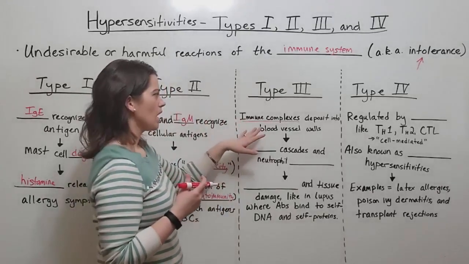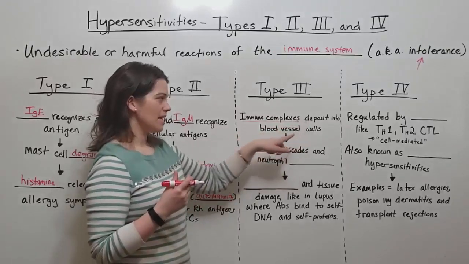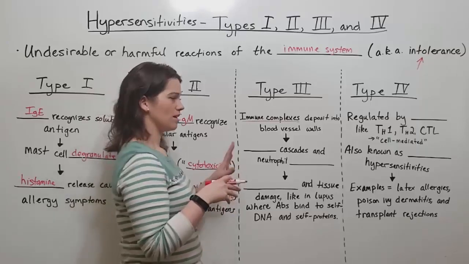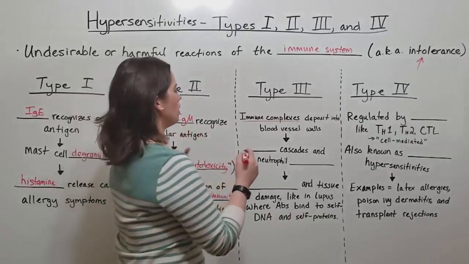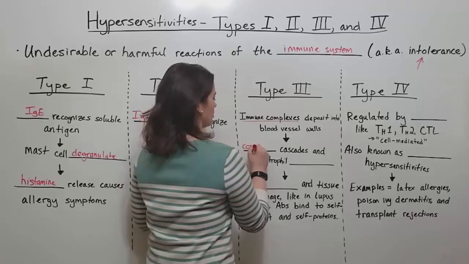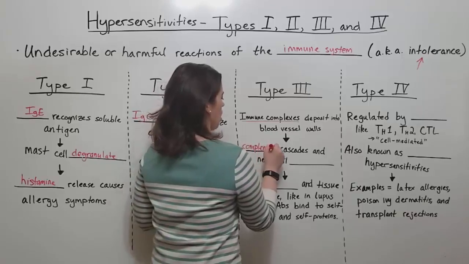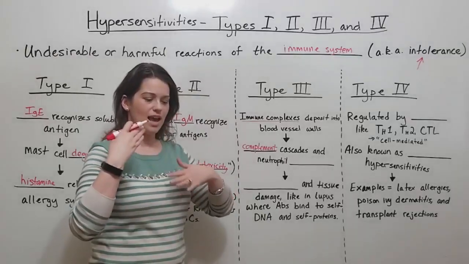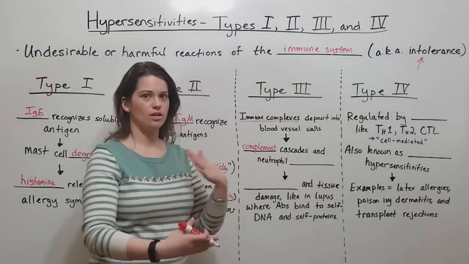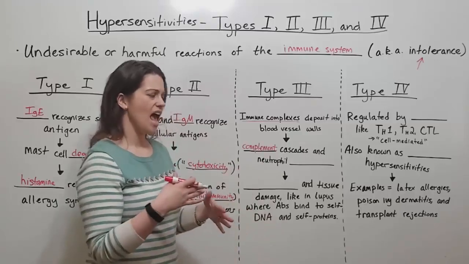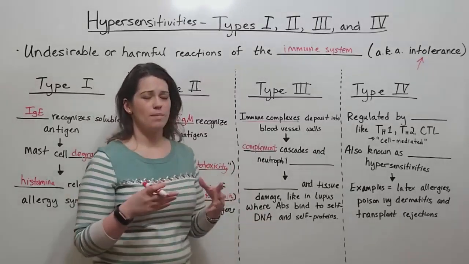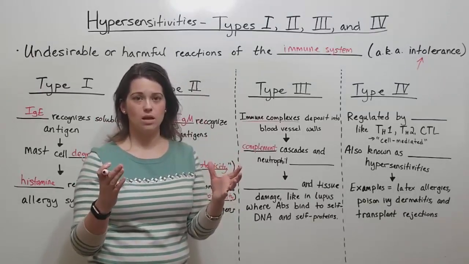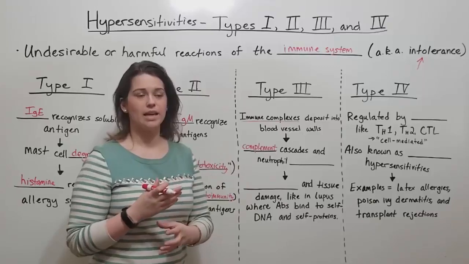immune complex. And the immune complex will deposit into blood vessel walls, and once it's deposited into the blood vessel walls, it causes a couple of things to happen. First of all, it causes complement cascades. Complement are types of proteins that are part of the immune system that cause this cascade where all these complement proteins are activating other complement proteins, and they eventually lead to something called the membrane attack complex, where they form a hole in a cell and bust it open and kill it.